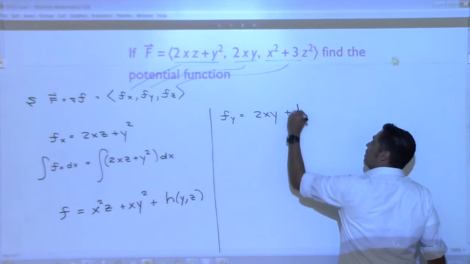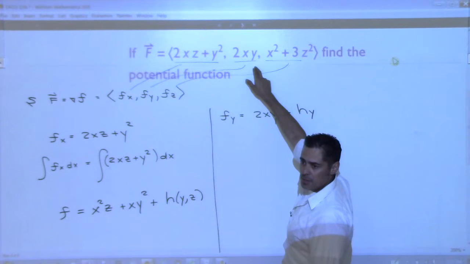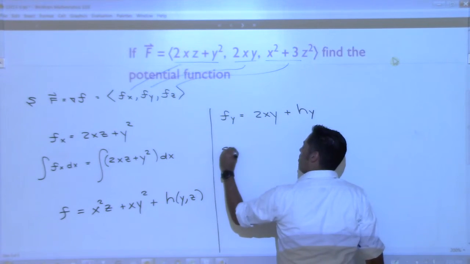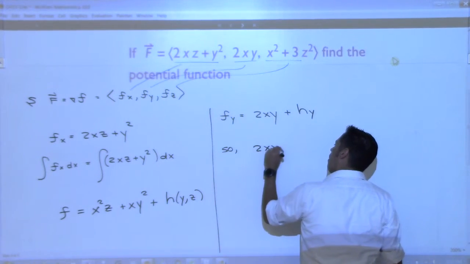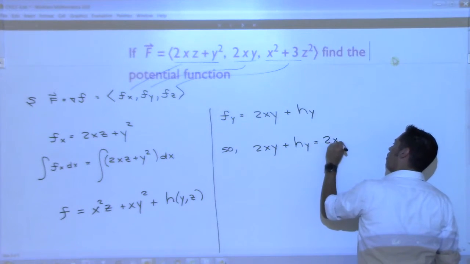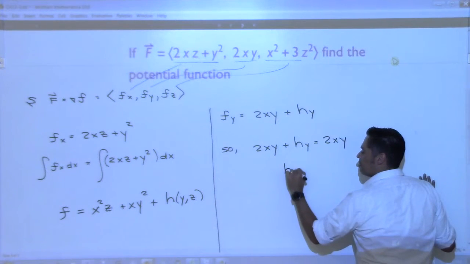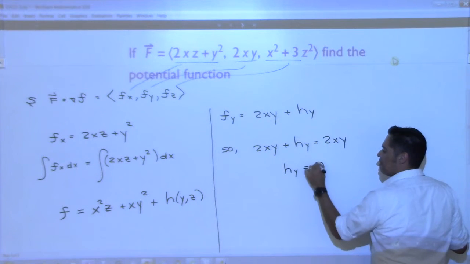I have no idea what it is, but I'll call it the partial of h with respect to y, right? Okay, what does that have to match in order for all this to work? Yeah, it has to match this, doesn't it? So I have that 2xy plus partial of h with respect to y must equal 2xy. What does that mean? Partial of h with respect to y must be 0.